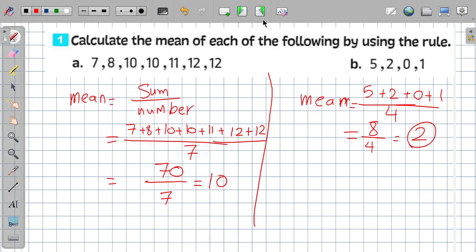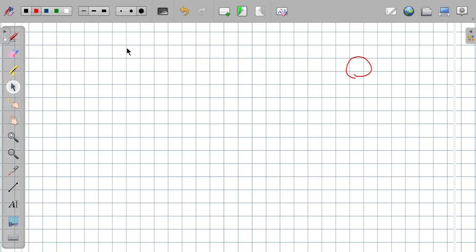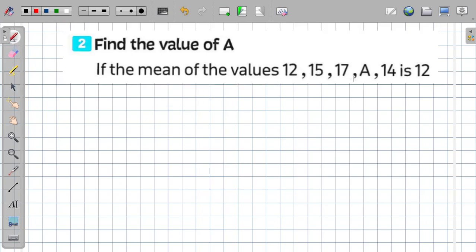Okay, let's try another one, and this is the last example. Find the value of a. I think a is a missing number. So I have a is a missing number, so I want to use the rule of mean to find this missing number.